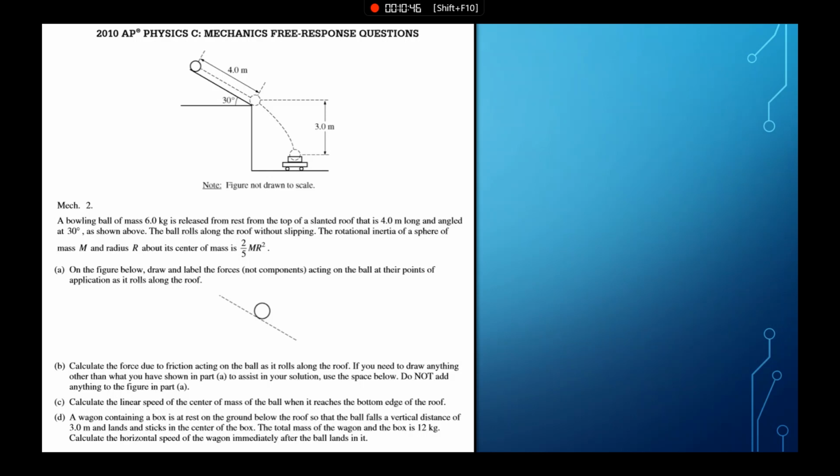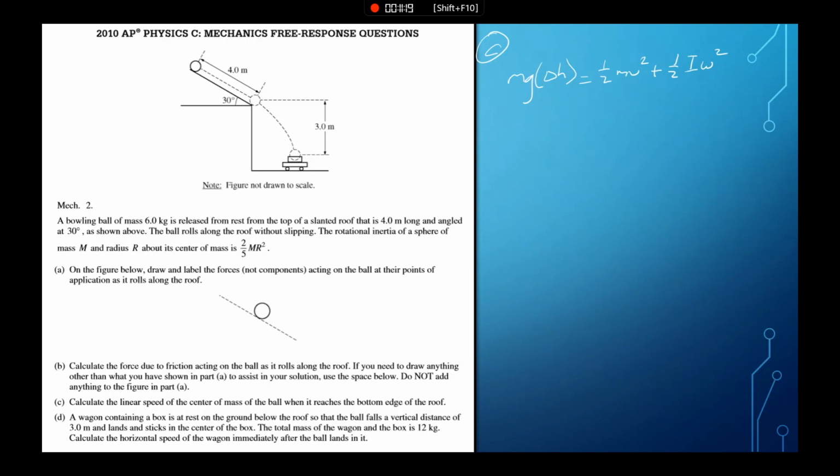So mgh is equal to 1/2 I omega squared plus 1/2 mv squared. Okay, I'm going to write mg times our change in h is equal to 1/2 mv squared plus 1/2 I omega squared.